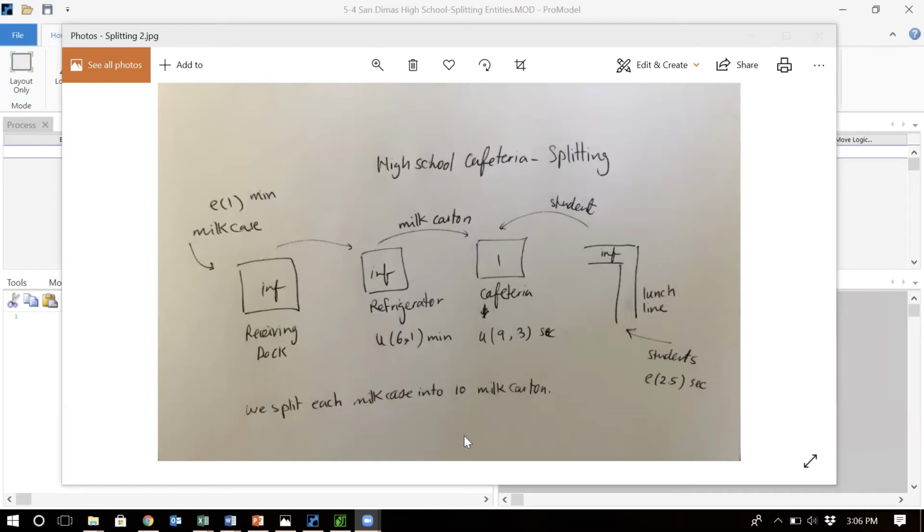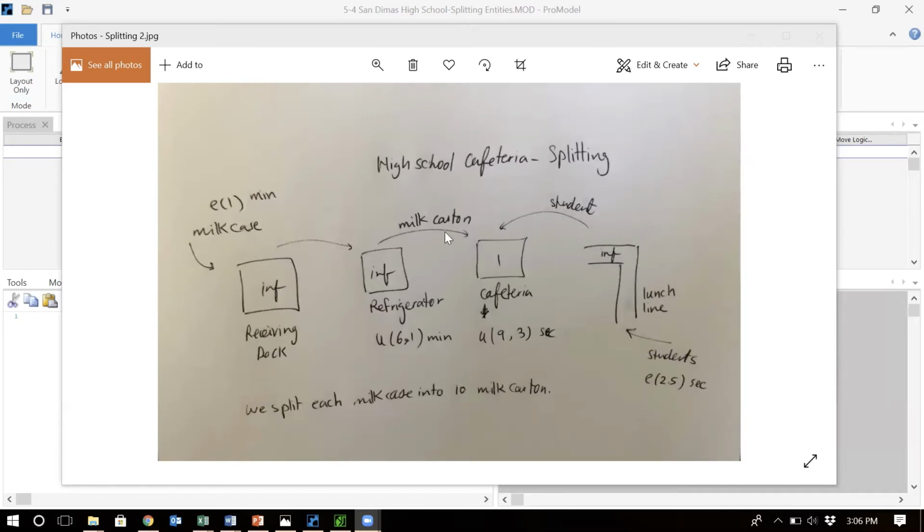We obviously are going to have 3 different entities: milk case, milk carton, and students. And we are going to have 2 arrivals, one for the milk case that is coming from outside, and the other one for students, also coming from outside.